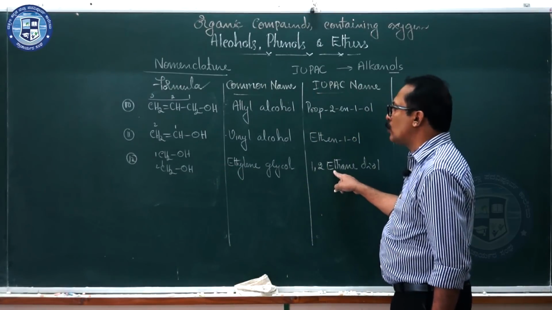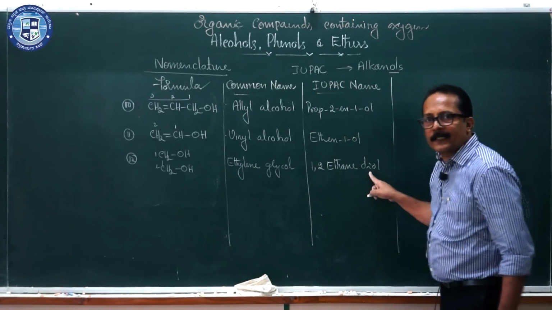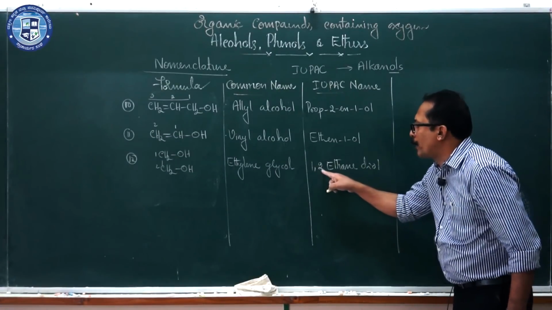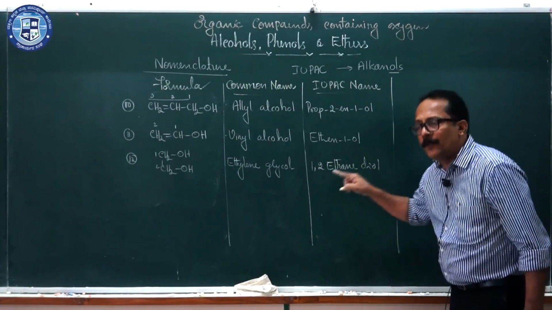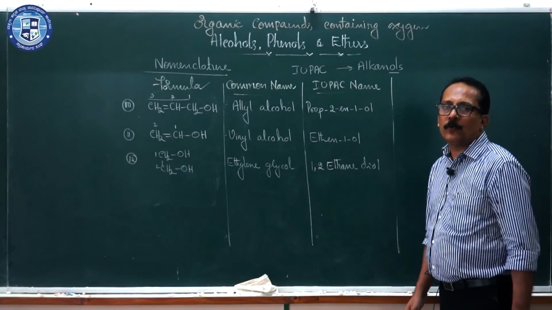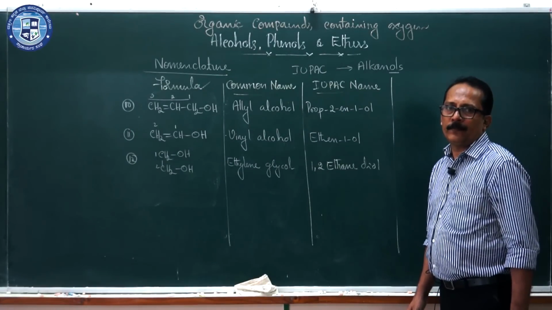Two carbon atoms give the root word eth, two OH groups make it diol, and the positions are 1,2. So 1,2-ethanediol.